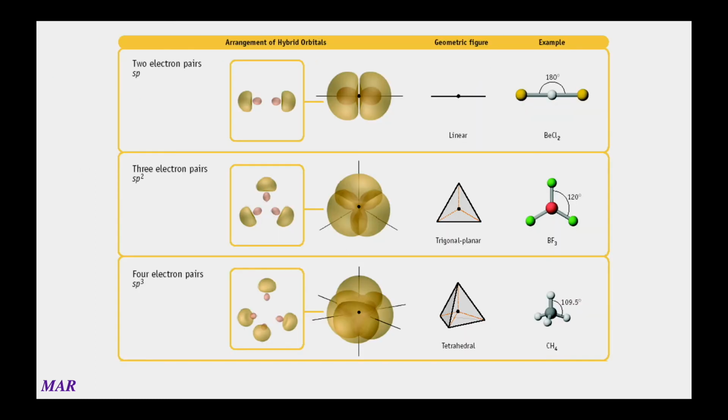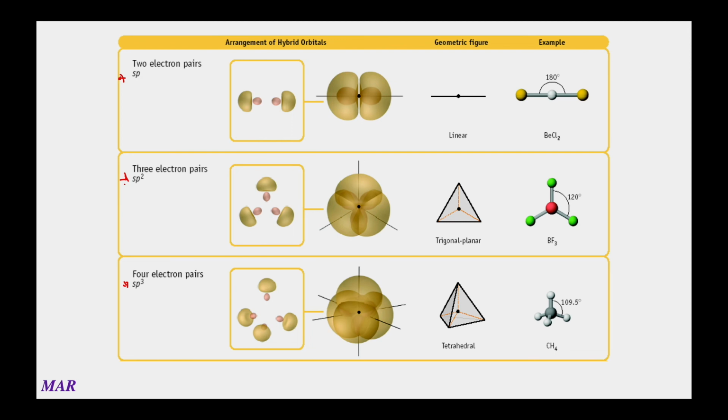Here are some more examples of how the different things come out, especially with sp at the top, sp2, and sp3. If you have something that's sp hybridized, like beryllium dichloride or beryllium chloride, depending on how you're describing them, beryllium itself would be sp hybridized, so that means it's only using 1 s and 1 p orbital. The 2 orbitals each have 1 electron.